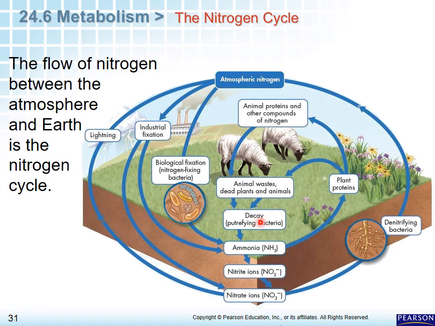After that it will decay by putrefying bacteria, converting into ammonia, then ammonia converts into ions, which is nitrate ion in the soil, and then nitrite and nitrate ion. Then denitrifying bacteria take this, present in the root, and then it goes again into the atmospheric nitrogen. So all of this is going to be recycled again and again, this nitrogen, which is atmospheric nitrogen.